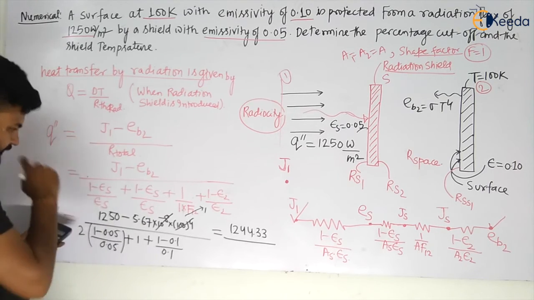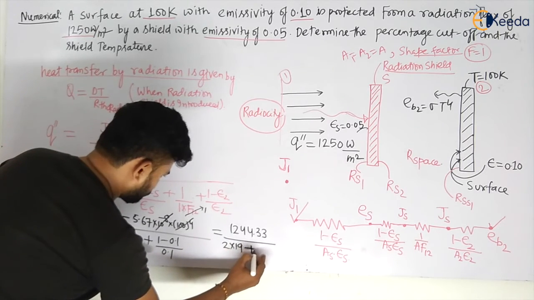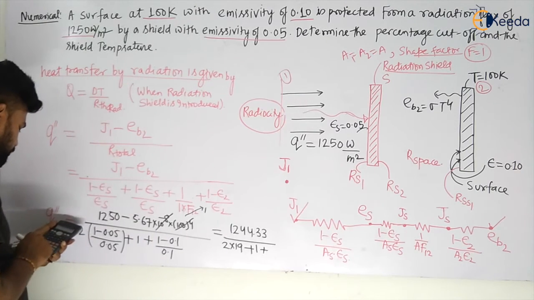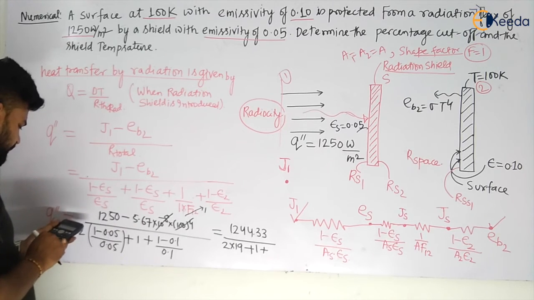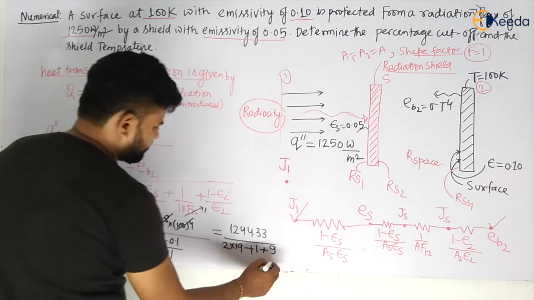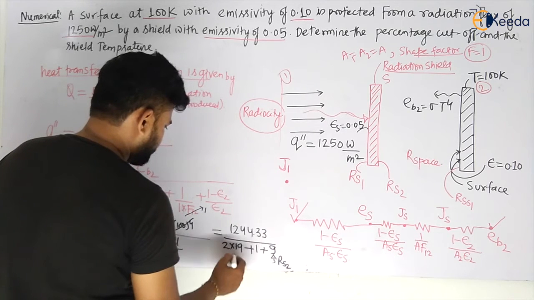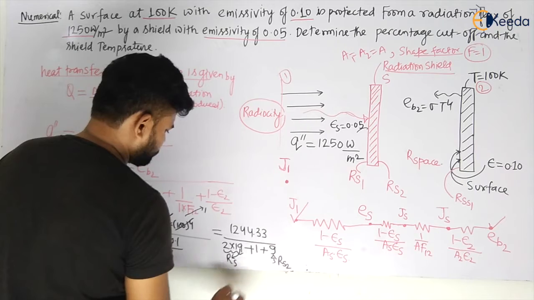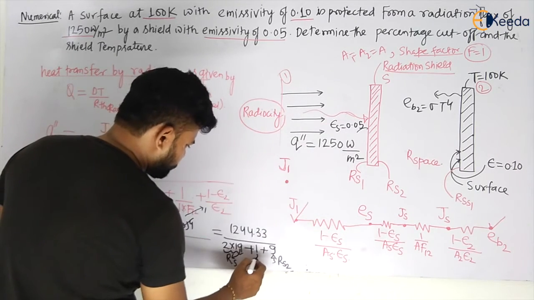So this will become 19, and this will be 2 into 19, plus 1, plus 1 minus 0.1 divided by 0.1. So 1 minus 0.1 will be 0.9 divided by 0.1, it will be 9, my dear students. So this will be the surface resistance of what? Surface resistance of the surface 2. This will be the surface resistance of this shield, my dear students, one sided, and this will be the space resistance.